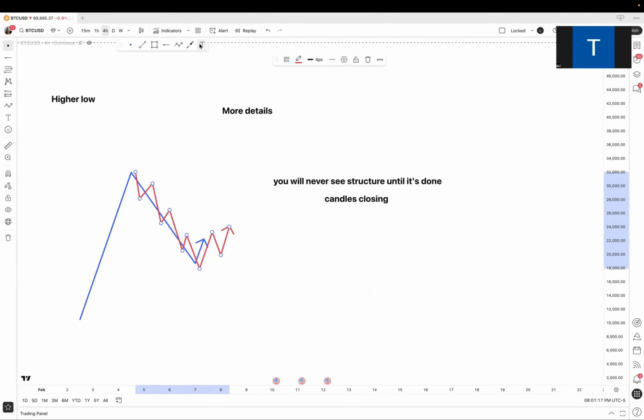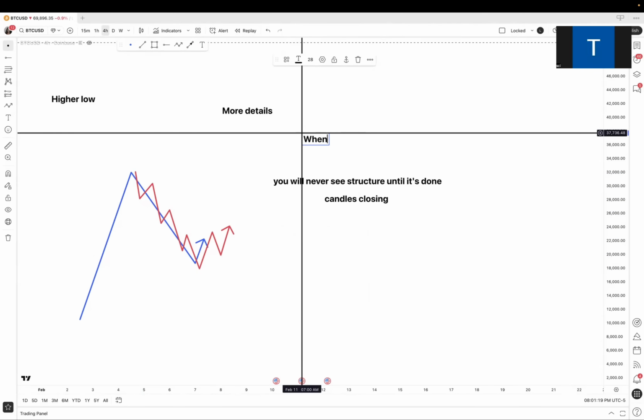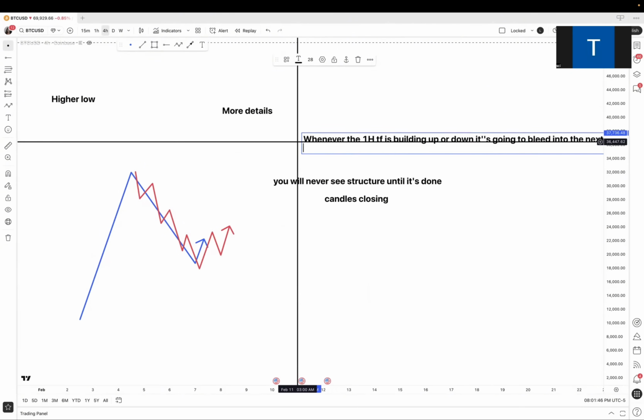So let's think about it like this, right? Let's just say it like this. Whenever the 1-hour TF is building up or down, it can be up or down, it's going to bleed into the next higher TF.